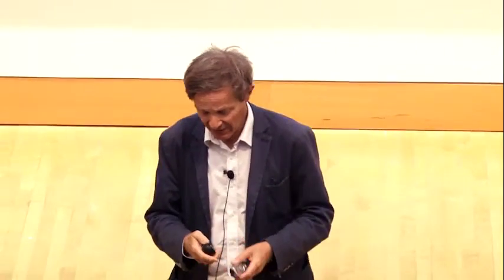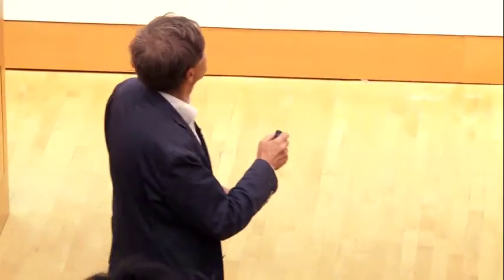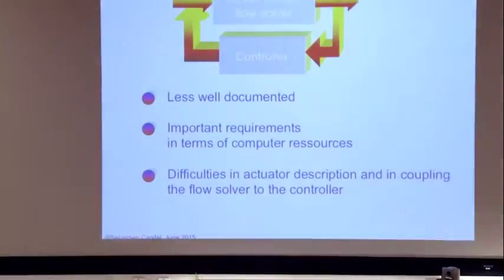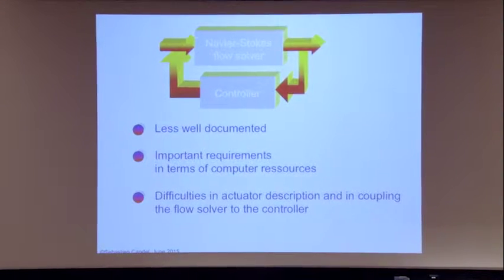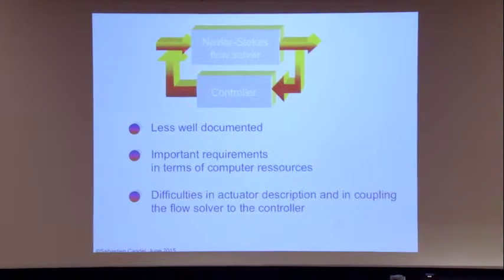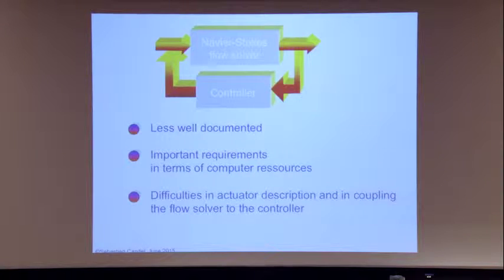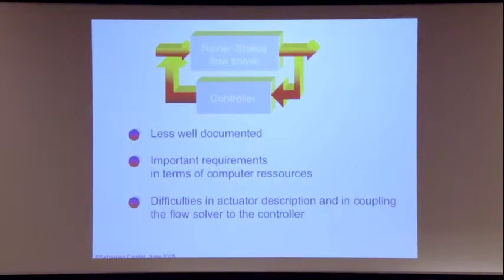Instead of having a true experiment, you would have just a Navier-Stokes flow solver here, and you put a controller on that and return, you make a loop like that, and you control what happens in the simulation itself. So that's, again, quite attractive, at least from a theoretical point of view.